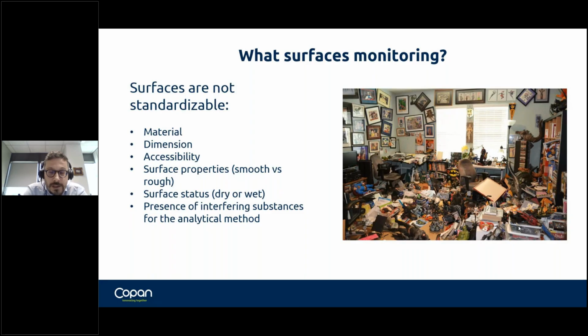And for the specific scope of microbiological surface monitoring, these interfering substances are exactly the same ones that are normally used during the cleaning process of the surfaces.